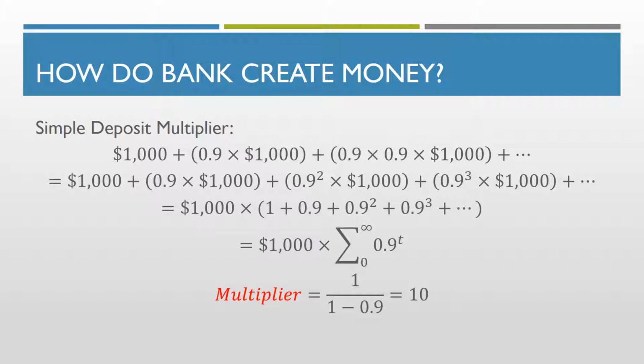And by looking at this multiplier, we know that for every new $1 deposit to the bank, because the bank will keep loaning out, that $1 will end up creating $10 in the economy. And that's how banks create money in the economy.